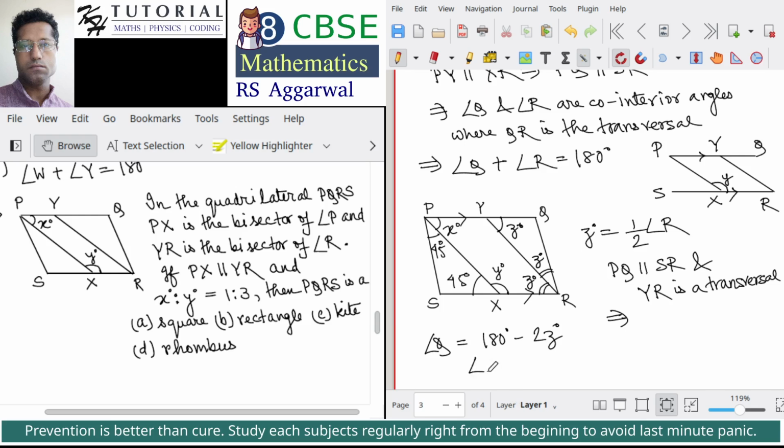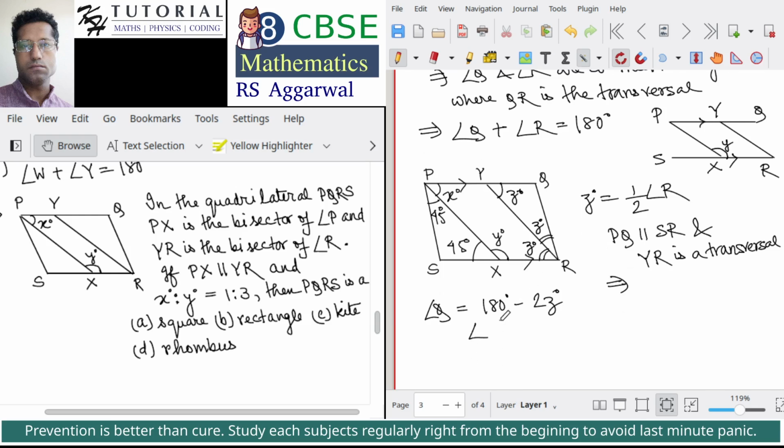So angle P plus angle S plus angle Q plus angle R should be equal to 360 degree, as it is the sum of the interior angles of a quadrilateral.